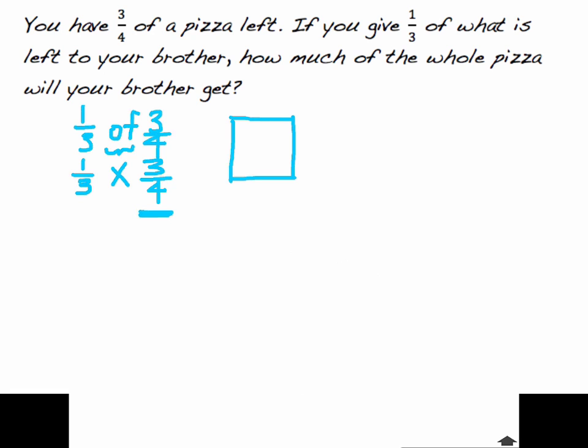So that square, I'm going to break that into 4 equal pieces because my denominator is 4. And it's very important when we use the area model that we draw the lines in the same direction. So I will break that into 4 vertical strips.